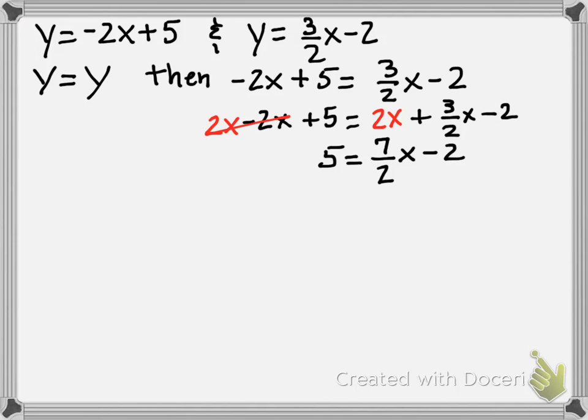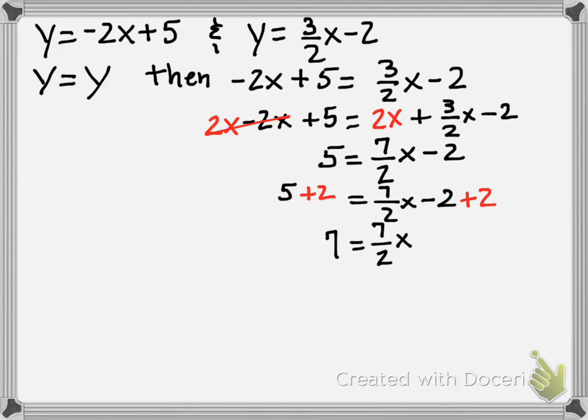Ladies and gentlemen, that has to do with combining like terms, and remember, with fractions, in order to add them you need common denominators. That's where the 7 over 2 x comes into play. We still want x by itself, so we add 2 to both sides. So that becomes 5 plus 2 on the left, and 7 over 2 x minus 2 plus 2 on the right. Now on the left side we get 7, and on the right side we have 7 over 2 x.